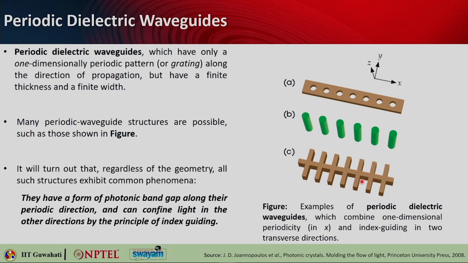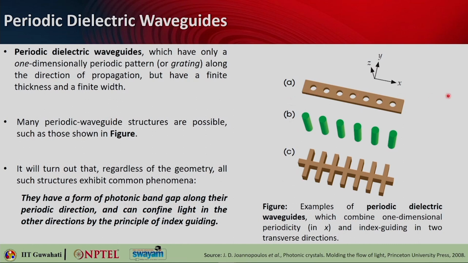It turns out that regardless of the geometry that you are seeing here, these structures exhibit a common phenomenon. And what is that? They have a form of photonic band gap along their periodic direction.